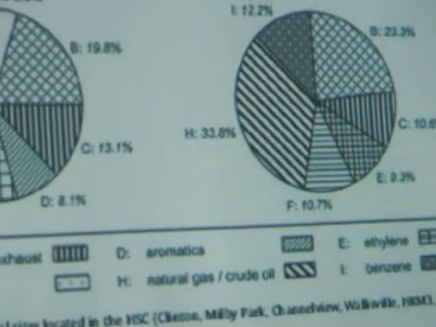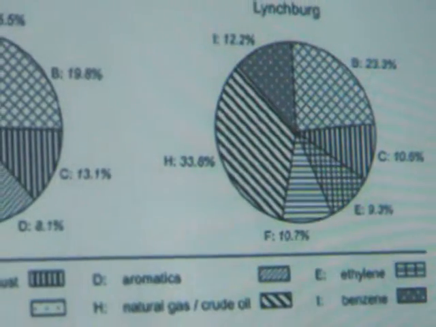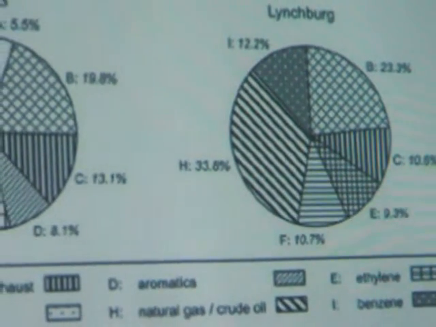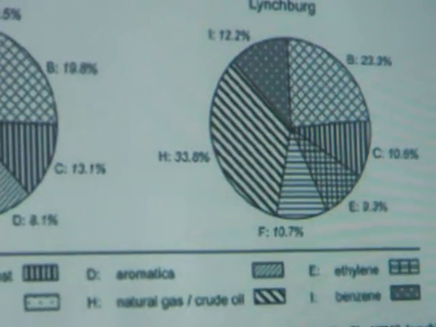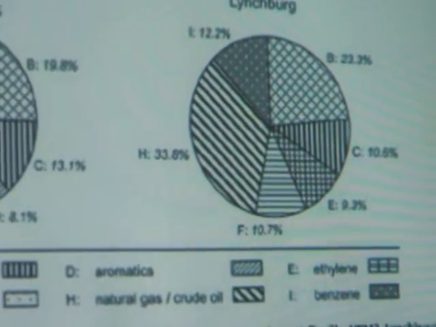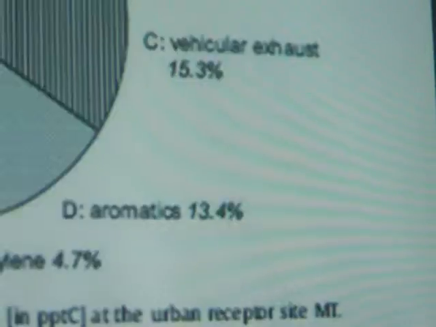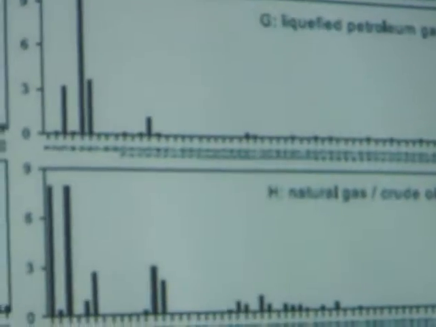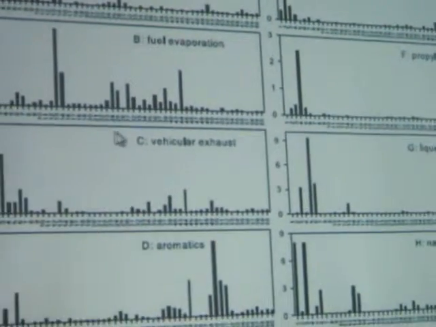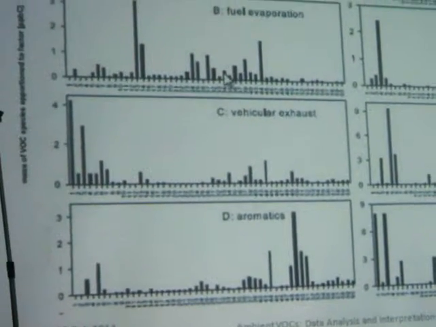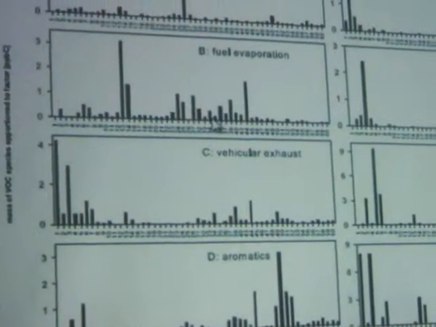Benzene is going to be in several of the factors. I mean, it'll be in the fuel evaporation, it'll be in the vehicle exhaust, it'll be in the aromatic factor at different fractions. And that is what you see here. Benzene is 34. 34 is right here.